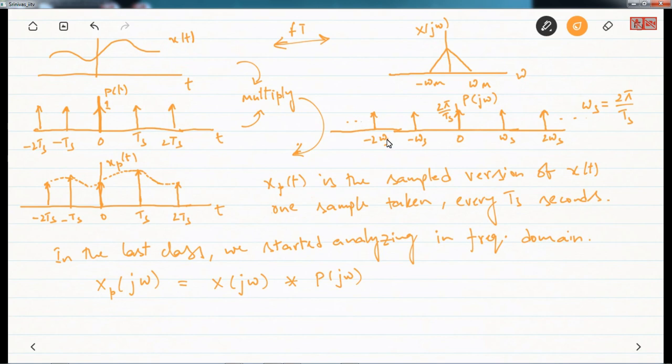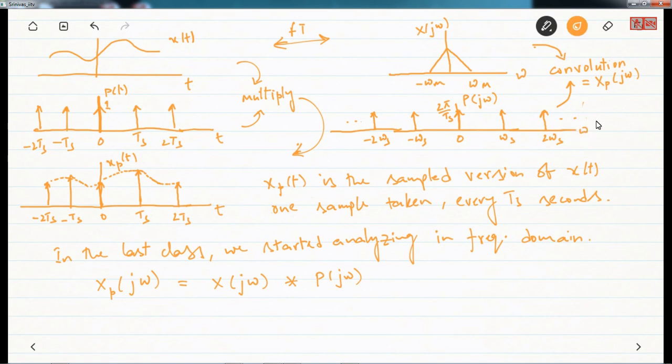When you convolve these two, what do you get? If you do this convolution, you will get Xp(jω). Let me write this a bit below so that you won't get confused.